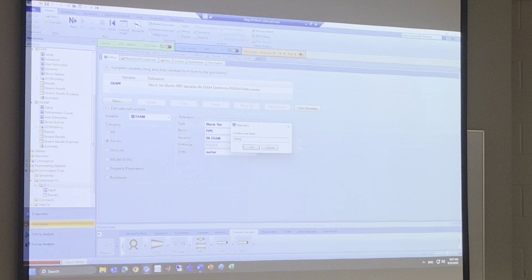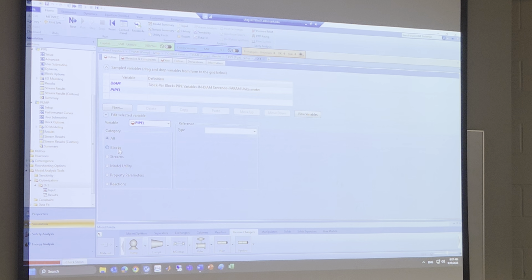You can name the variable name as you wish. I just name it myself like that. Pipe length. This is also a unit block, pipe block. So I go block variable, pipe, and then we are talking about pipe length. So where's length? L. Length in meter. Oh, I'm happy with that. Next is roughness parameter.